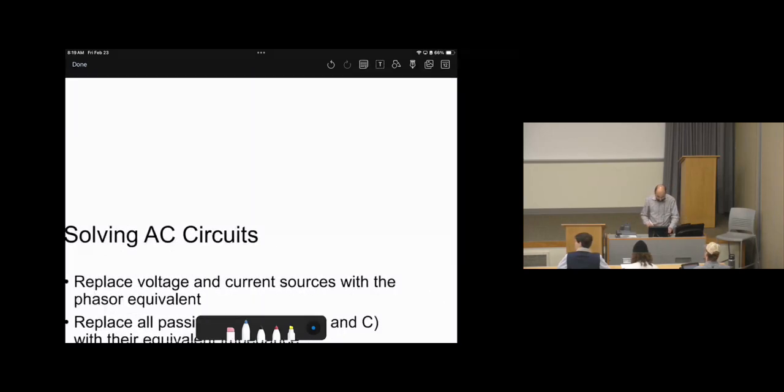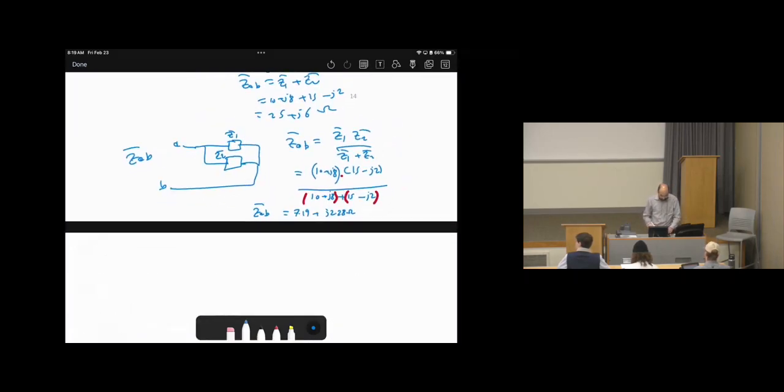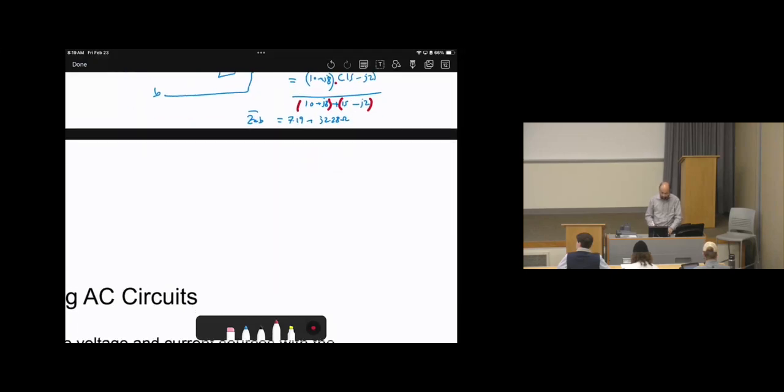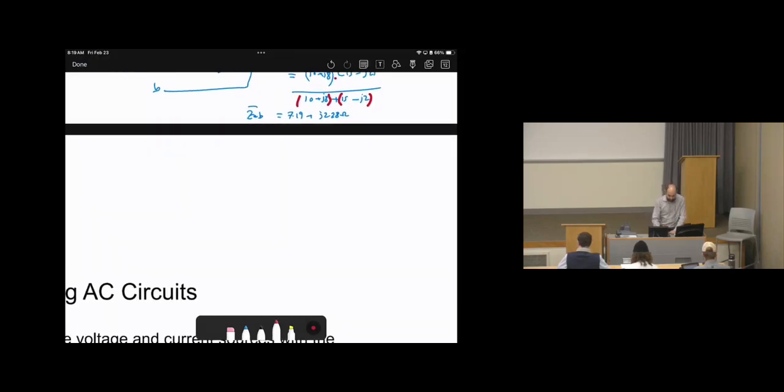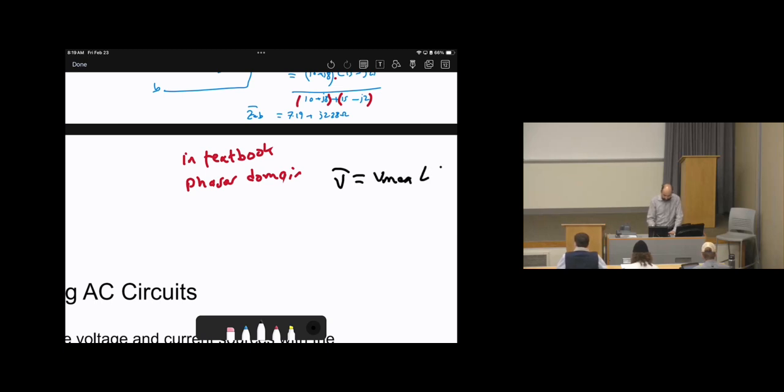Okay, so also a quick note about what you will see in the textbook and what you will see in the notes. In the textbook, they find the phasor domain for the voltages and the currents as V bar equal to V max angle alpha.